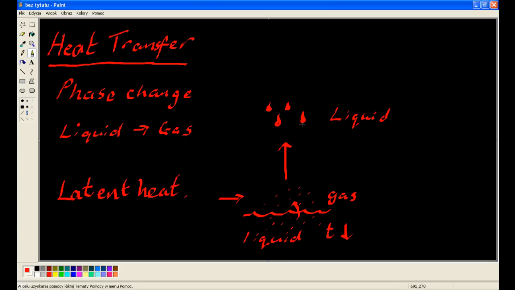When it turns into a liquid again, let's have a look at what happens. So we have these little water molecules as a gas. They then go into the rain droplets. They are taking their vibrational energy, because these little molecules are vibrating, and they put this vibrational energy back into the water again.